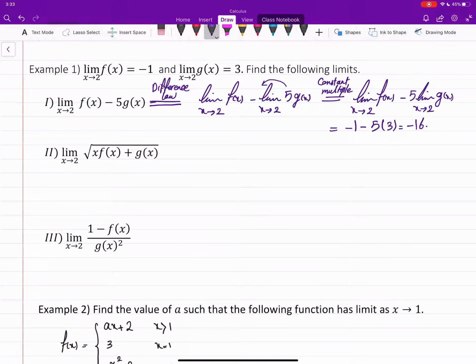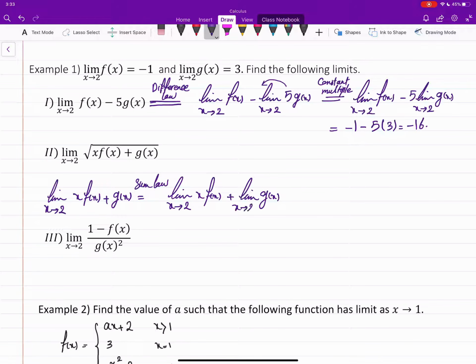For the second one, we have the square root of x f(x) plus g(x) as x approaches 2. First, we need to check if the limit of the function under the square root is a positive number or not. So here we apply the sum law again. This gives us the limit of x f(x) as x approaches 2 plus the limit of g(x) as x approaches 2.